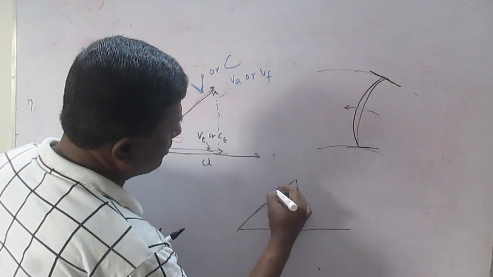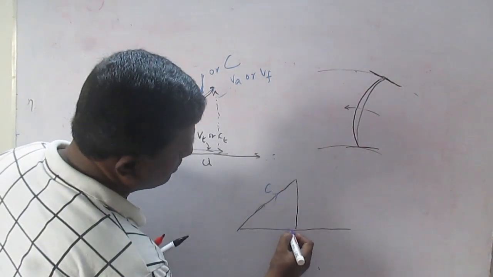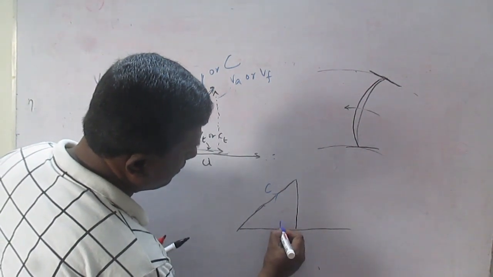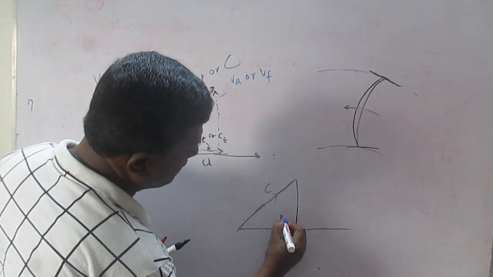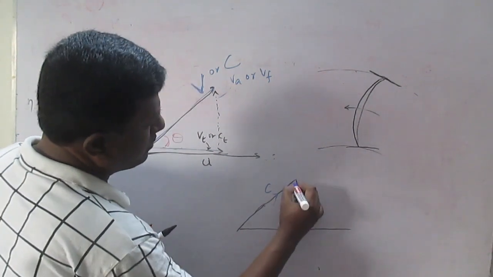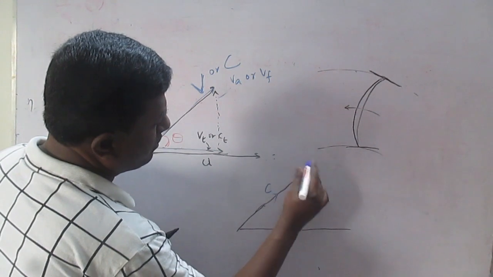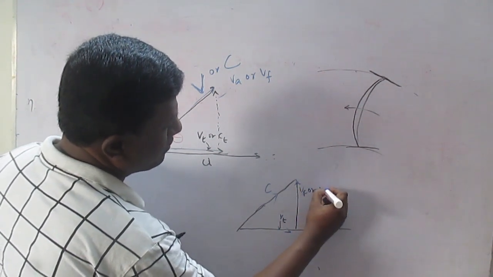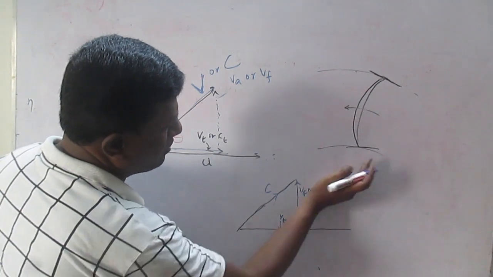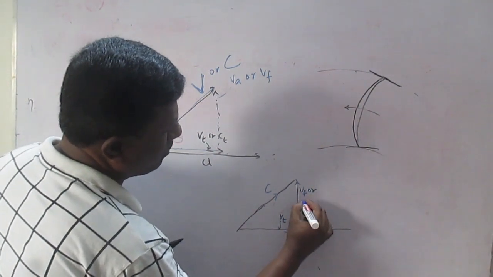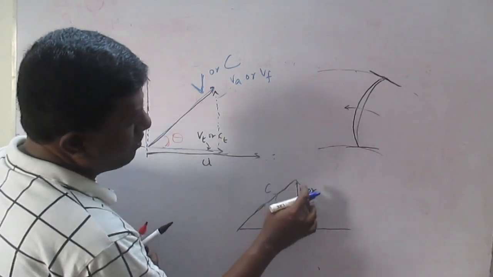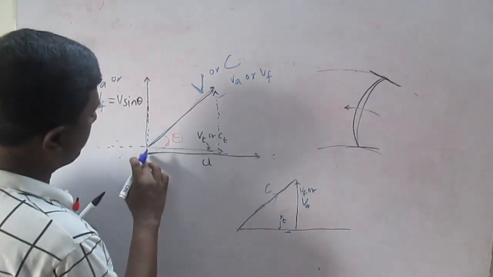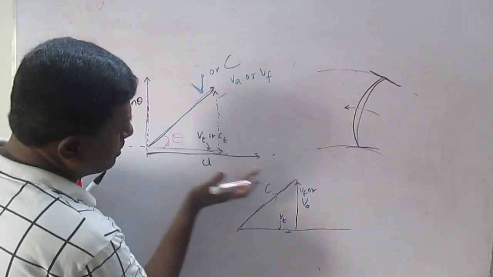So we can just say C, and this is what we said is Vt or Ct. Then this is nothing but our Vf or Va. Now both velocity components come in the same line.